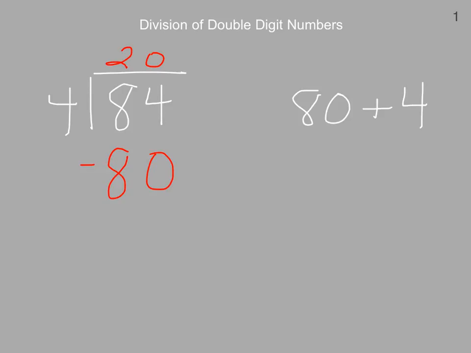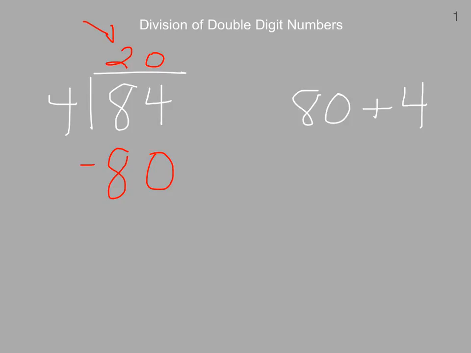And you can see here that instead of thinking of 4 going into 8, we can say that 4 goes into 80 20 times, and students understand now that we are putting the 2 above the 8 there because we are focusing on the tens place. And then we put a 0 in the units place.